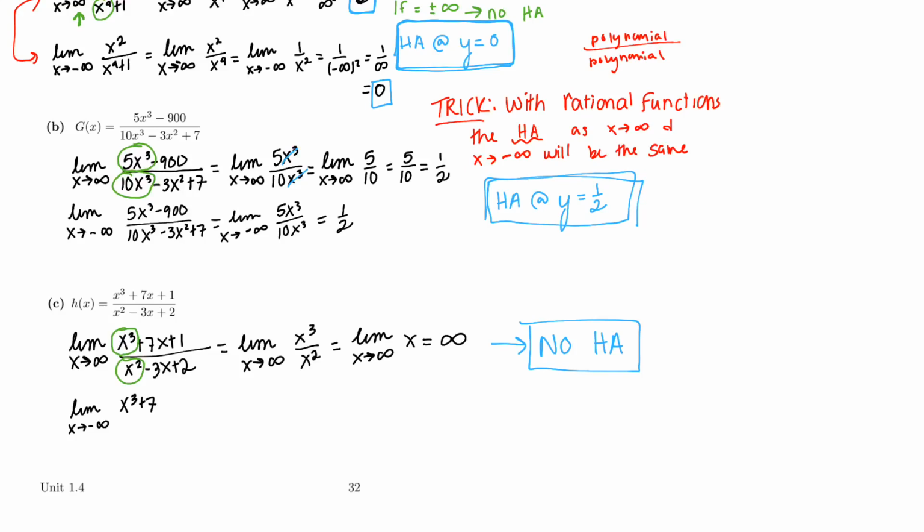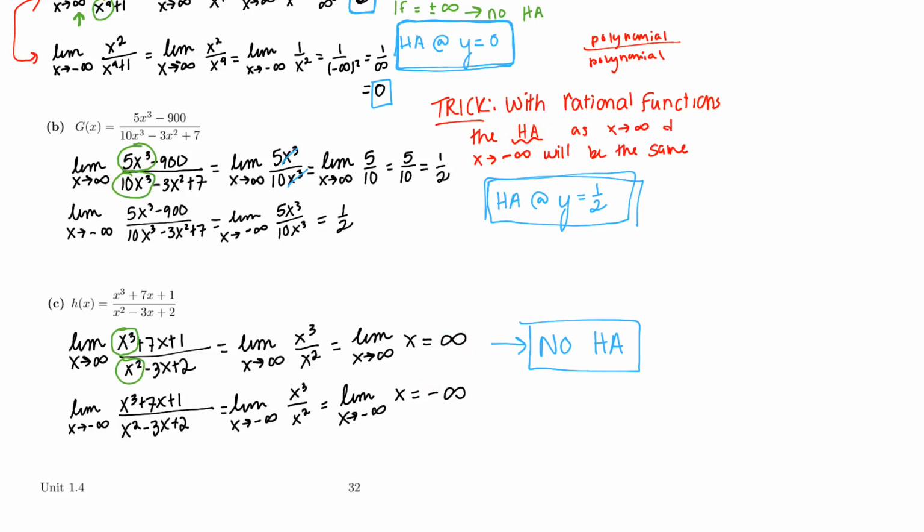But if we look down here as we do the limit as x approaches negative infinity, if we plug in negative infinity to x, you're going to get negative infinity. Either way, it results in the same result of no horizontal asymptote, but these limits are different.